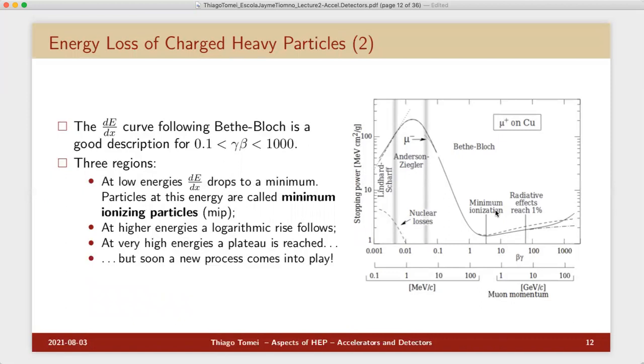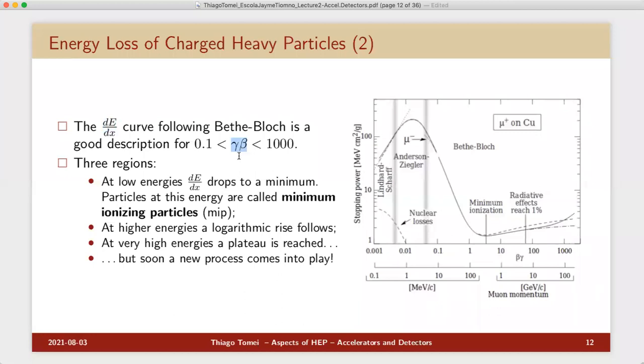And here in slide number 12, if you look at the plot, you see something like this. This is the dE/dx curve of the energy loss of heavy charged particles in bulk material. It's easiest to plot in terms of this beta gamma product.